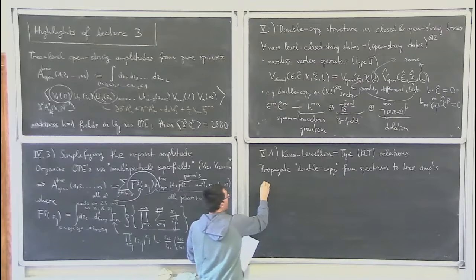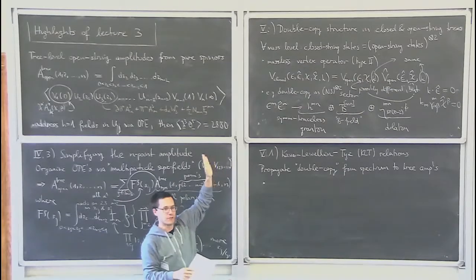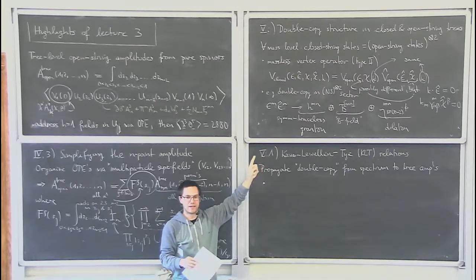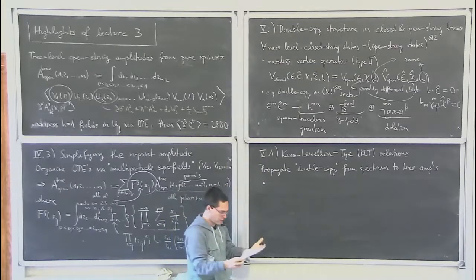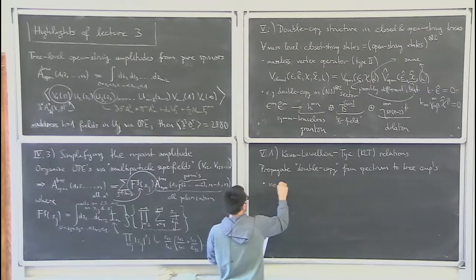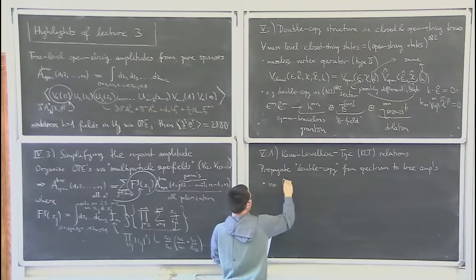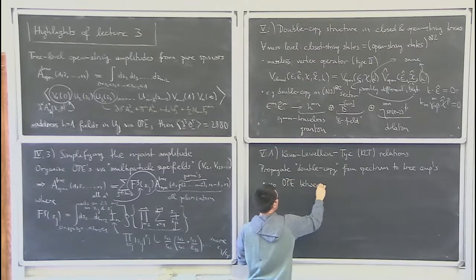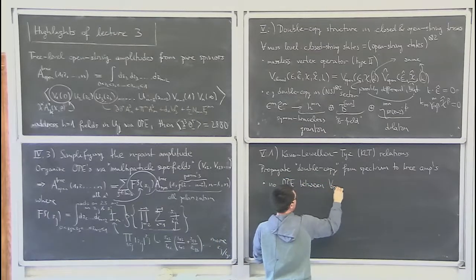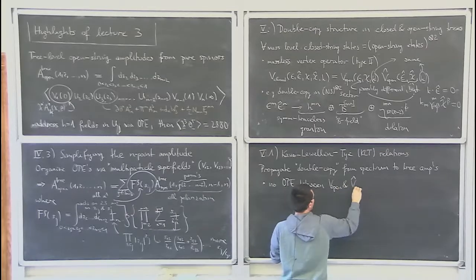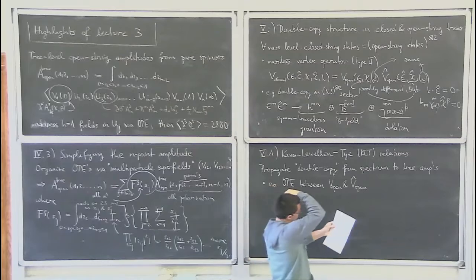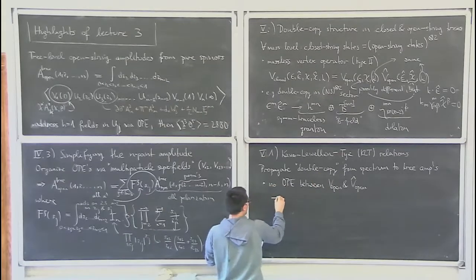Okay, so no matter whether you do RNS or pure spinor, these two open string vertex operators, the hatted and the unhatted one, they don't talk to each other in the correlation functions. So there is no OPE between V open unhatted and V open hatted. So effectively, the correlators factorize.